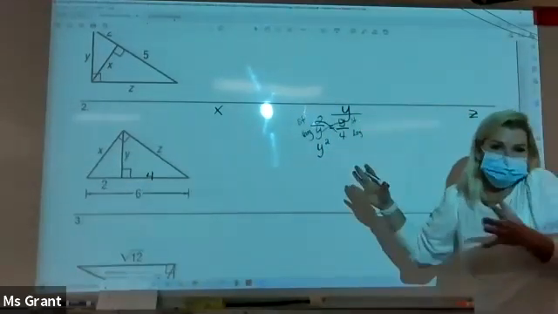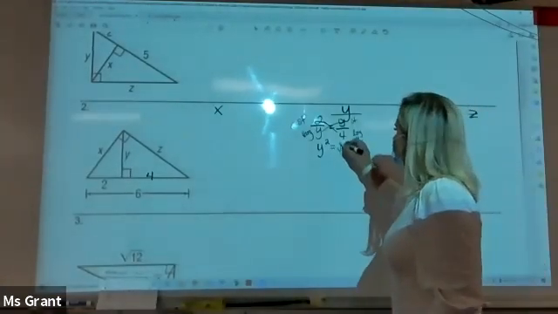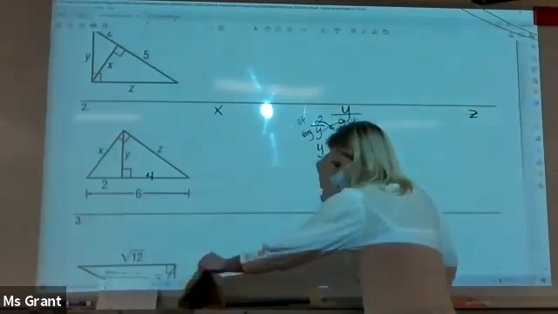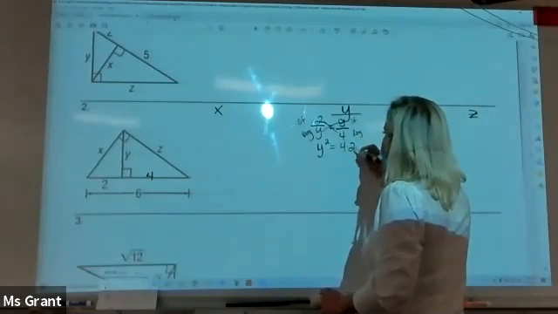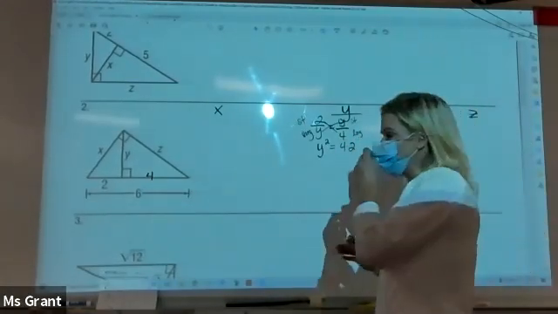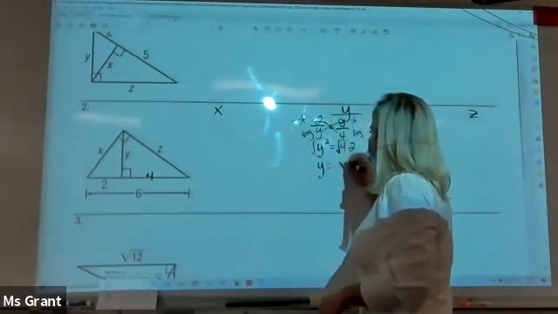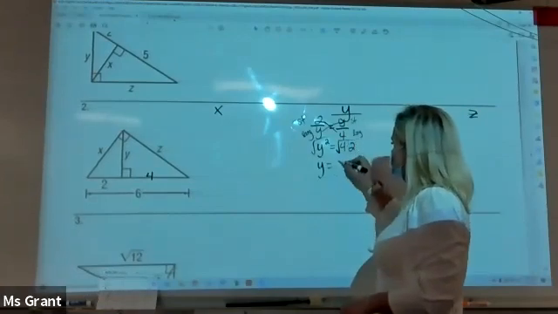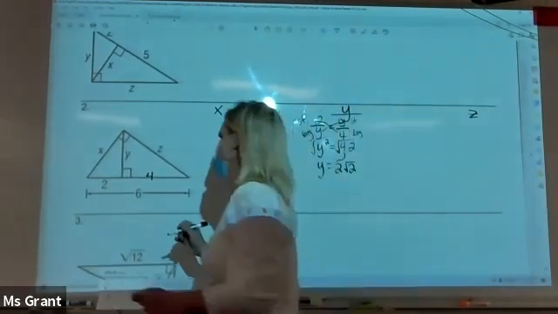So maybe you need these words still, maybe you don't, I'm not sure. But anyways, I'm going to keep it 4 times 2. And the reason I'm going to keep it 4 times 2 is because 4 is a perfect square. And now if I'm going to isolate y and solve for y, I need to square root both sides. Radical 4 times 2, out comes the 4, 2 rad 2.